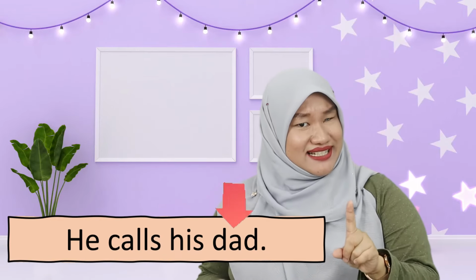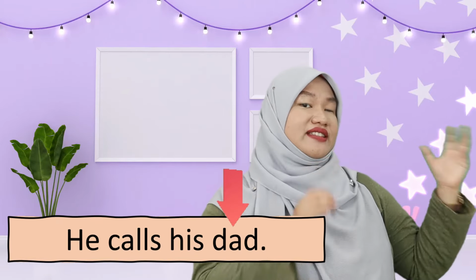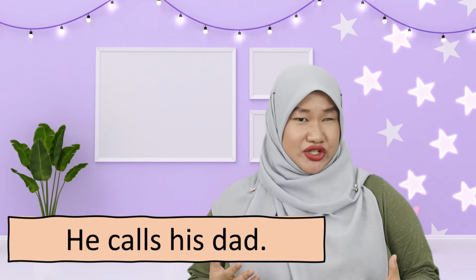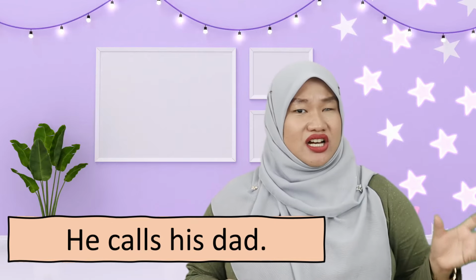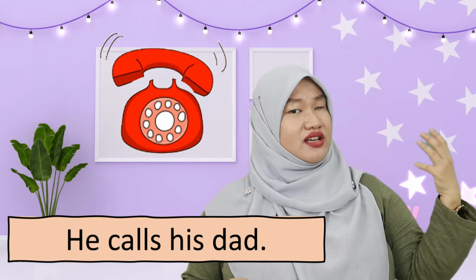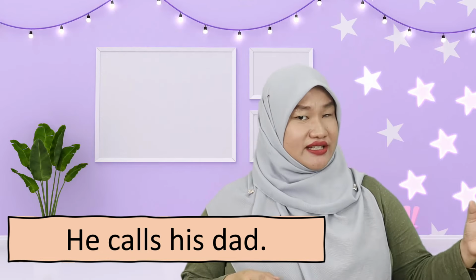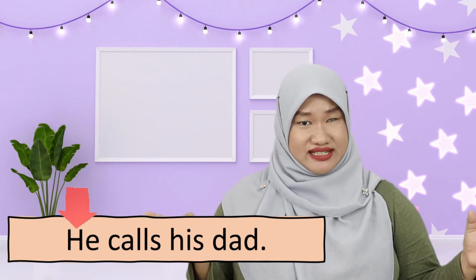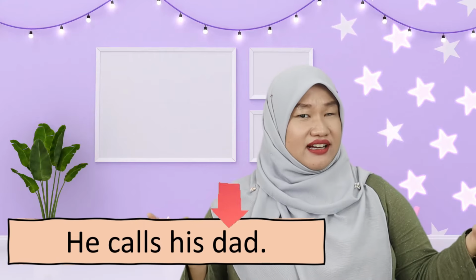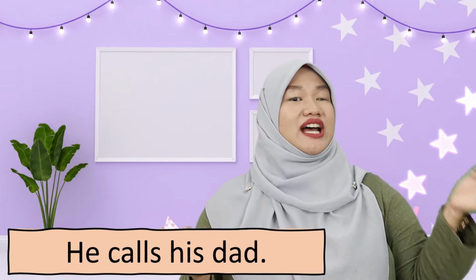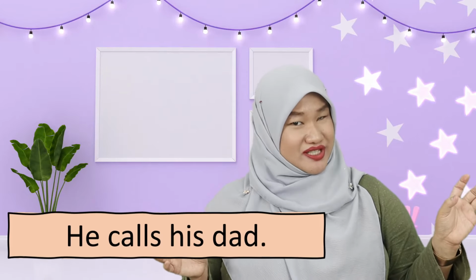And the dad is the object because the dad is the person who receives the action, or who is the target of the action, which is call. So dia telefon ayahnya. Dia is the subject in the sentence, and ayah is someone yang dia telefon, so ayah is the object. Okay, can you get it so far?